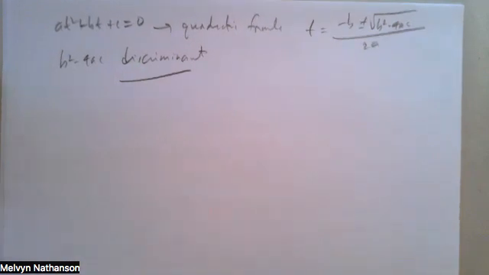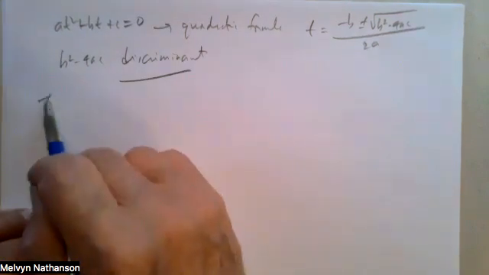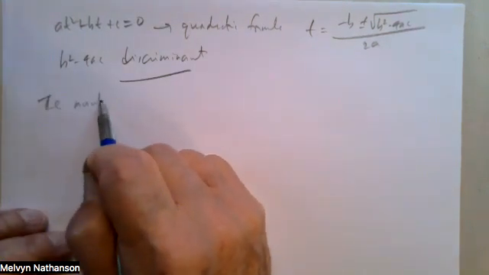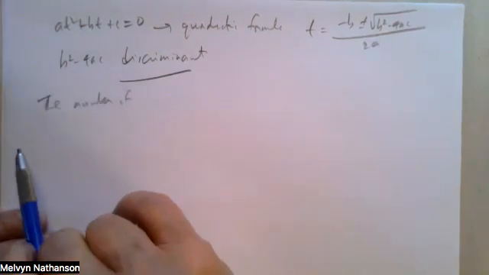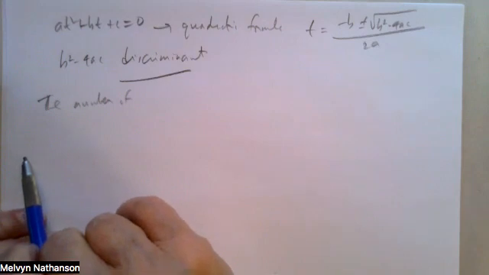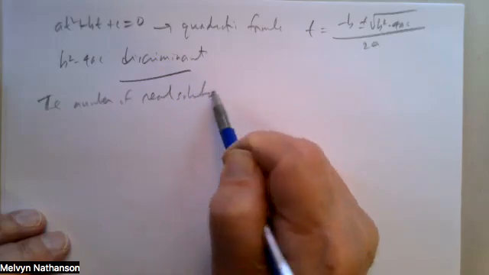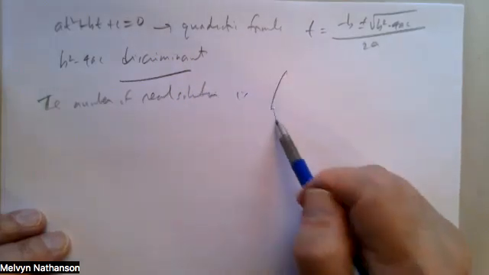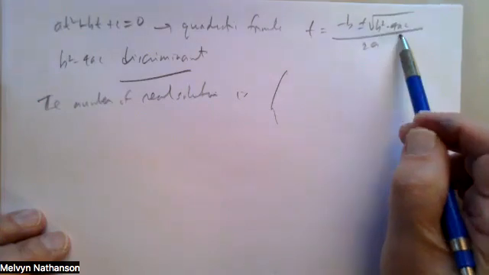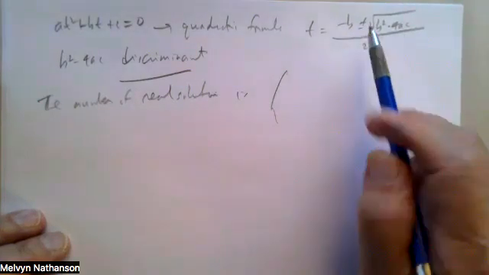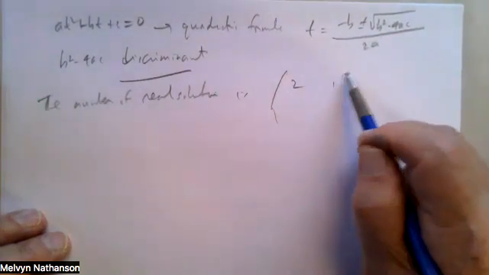And the number of real solutions of the equation is what? Well, if b squared minus 4ac is positive, there are 2 square roots, so there are 2 solutions.